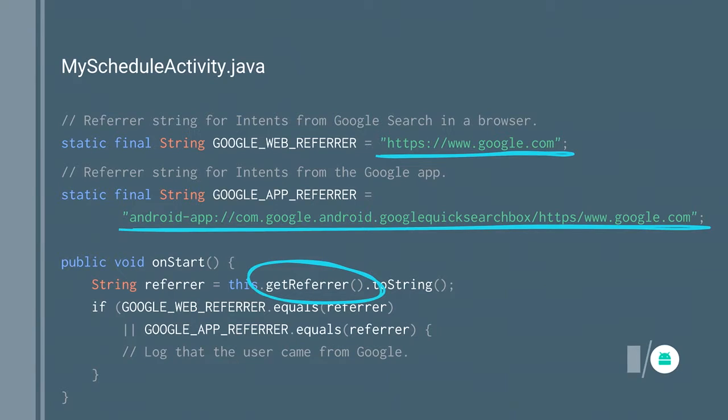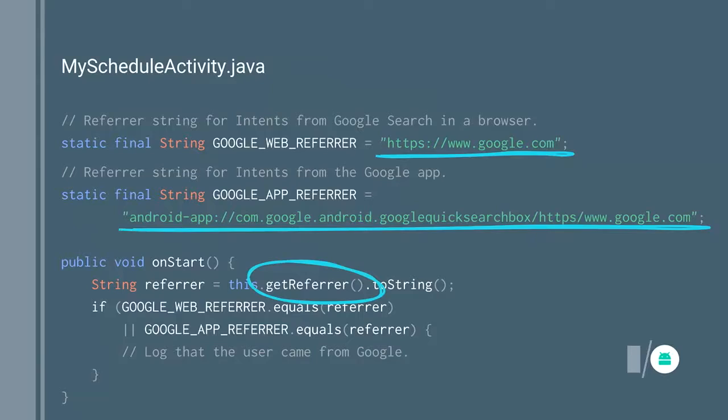The Android-app URL notation is just a way that we use to put both a package name and the URL inside the app into one URL, so we can package it all into one string. So if your traffic is coming from any of these two referrers, you know the user came in through Google, and you can log it accordingly in your analytics solution.